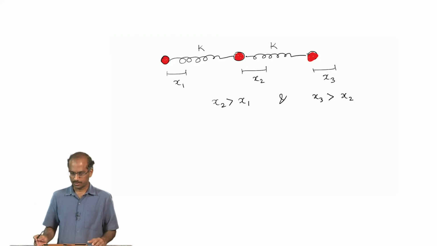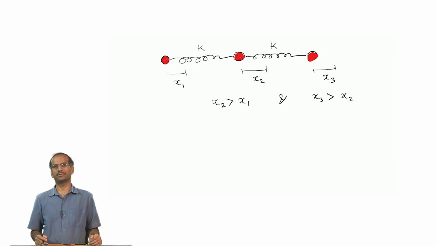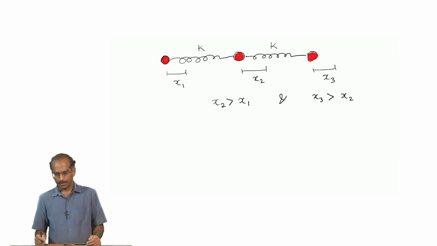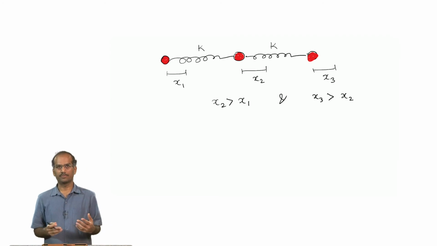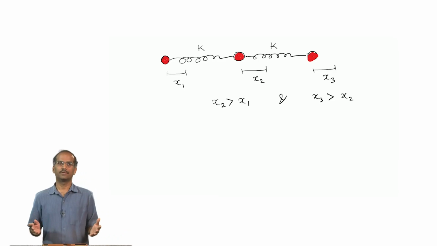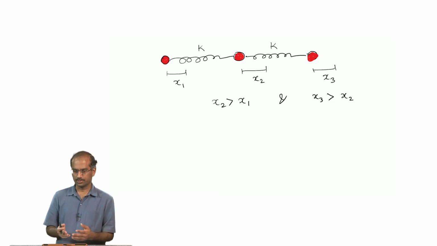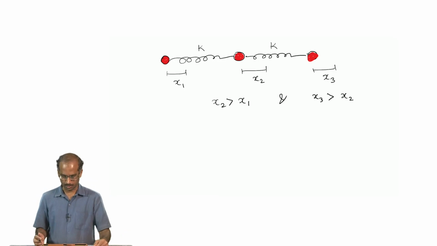So, with this assumption, let us write down the equations of motion, and once again let me emphasize that this assumption about which displacement is bigger or smaller will not change the equations of motion. So, it does not matter what you assume here.